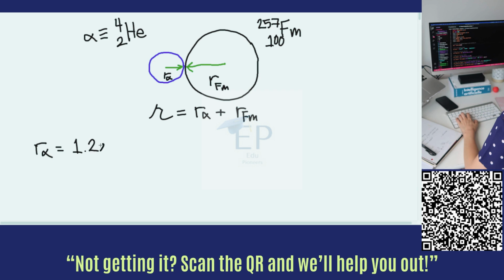1.2 times 10 to the negative 15th meters times the cube root of the atomic mass number for the alpha particle, which is 4.